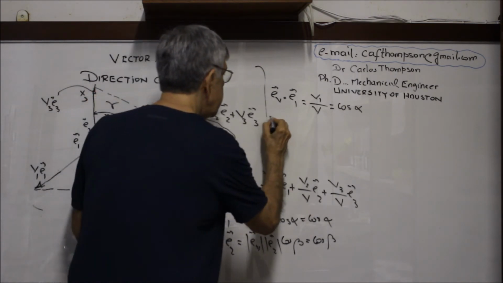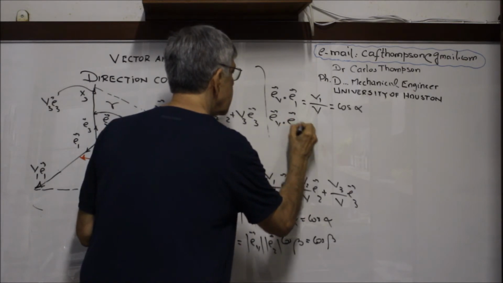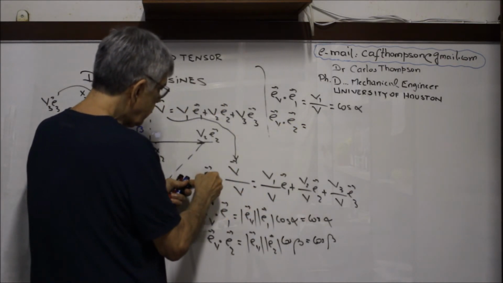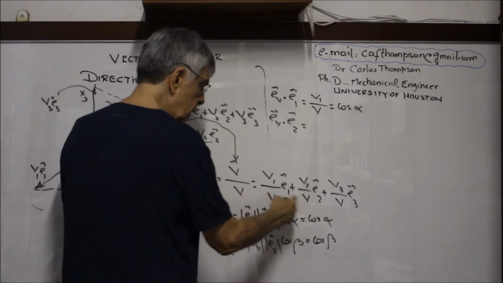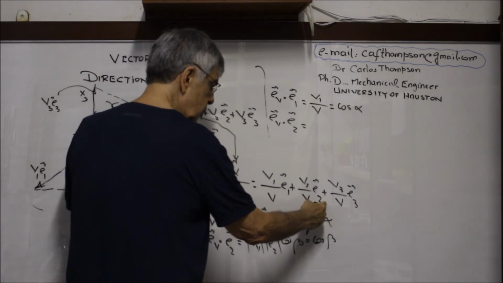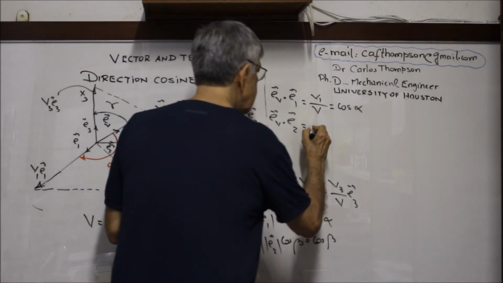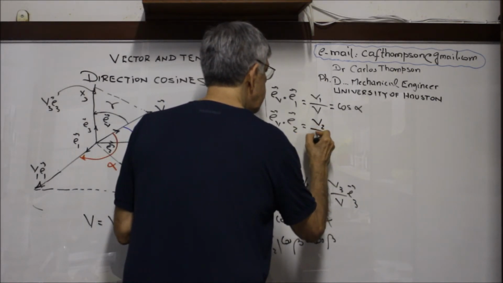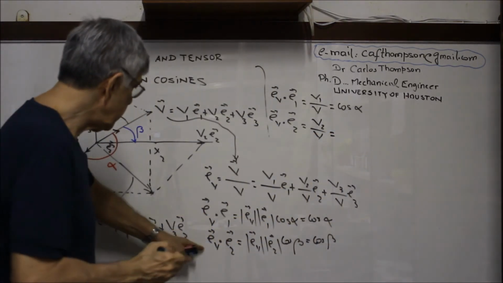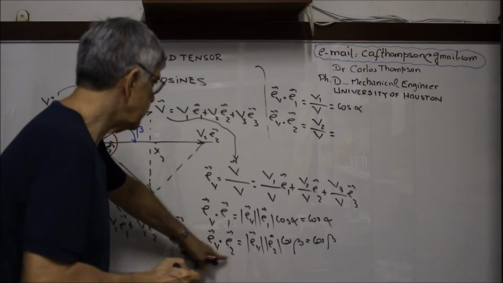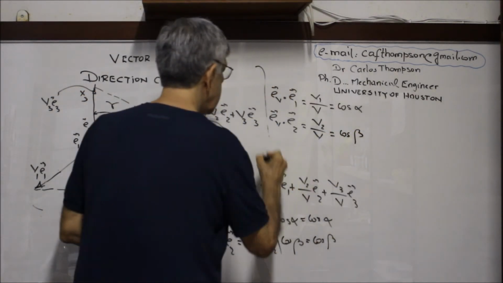Likewise, EV dot E2: E1 dot E2 is 0, E2 dot E2 is 1, and E2 dot E3 is 0. This is equal to V2 over V. EV dot E2 is cosine of beta.